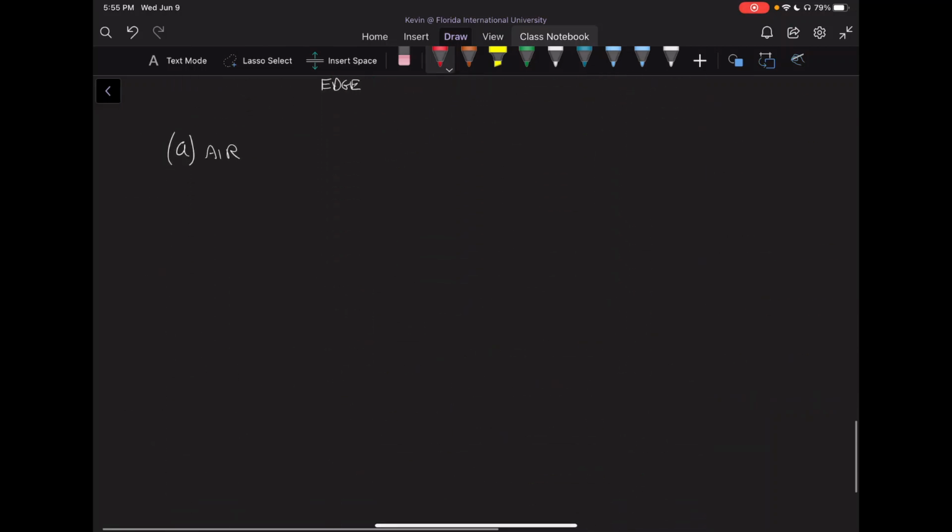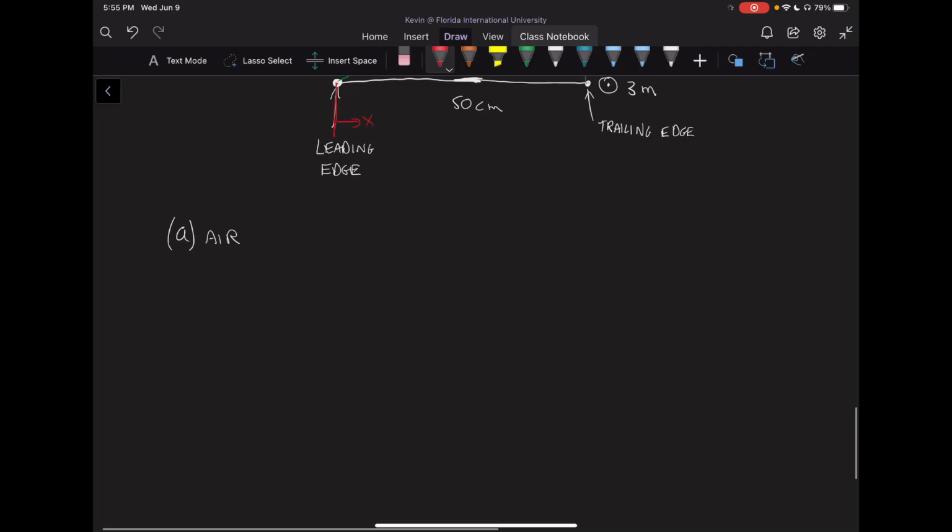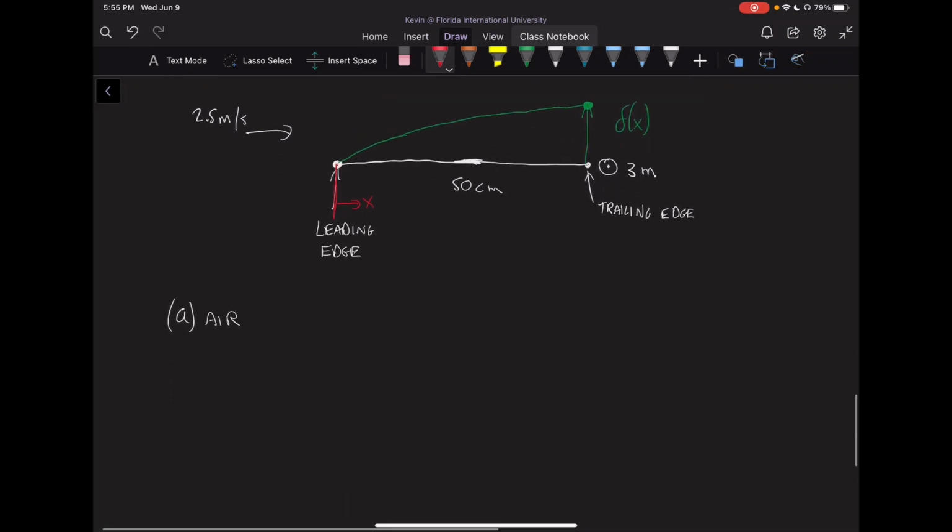So the first thing we need in order to find anything is always the Reynolds number. The reason we need the Reynolds number is because we need to be able to say if it's a laminar flow, or a turbulent flow, or a transition flow. We also know that for open flows like we have here, Reynolds of L, or Reynolds of x, has to be less than 5 times 10 to the 5 to be laminar usually.